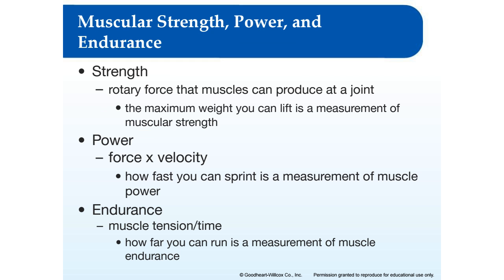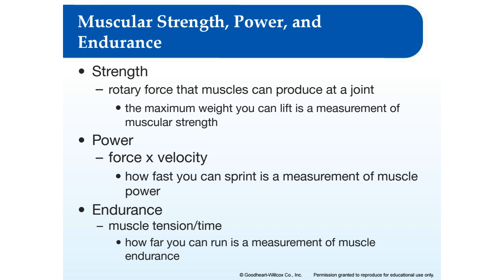All right, and the last thing that we need to talk about here is the strength, power, and endurance of our muscles. Strength is basically just the force the muscle can produce. There are long definitions given to you by your book, but that's what strength is: the amount of force a muscle can produce, the resistance that someone is able to move.